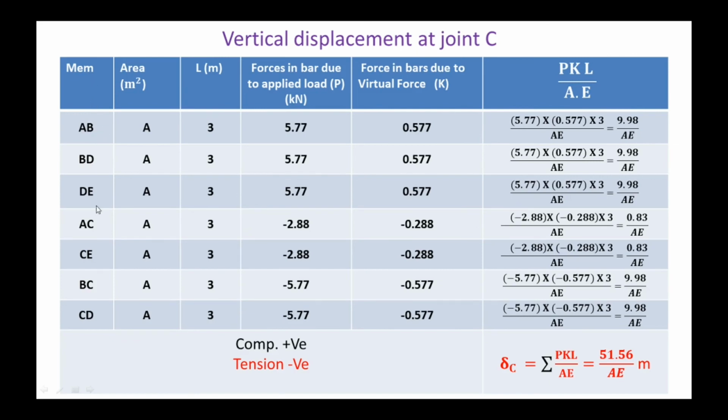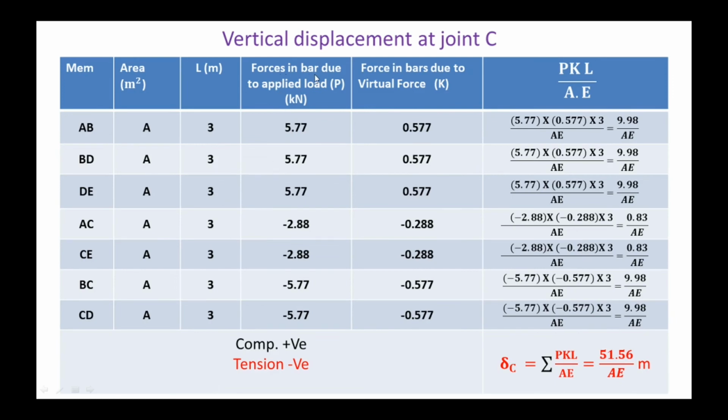Now these are all the members: AB, BD, DE, AC, CE, BC and CD. And we are considering the area as A, in meter square, and all have the same length, that is 3 meter.